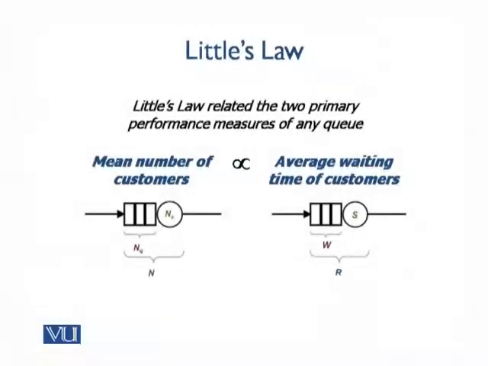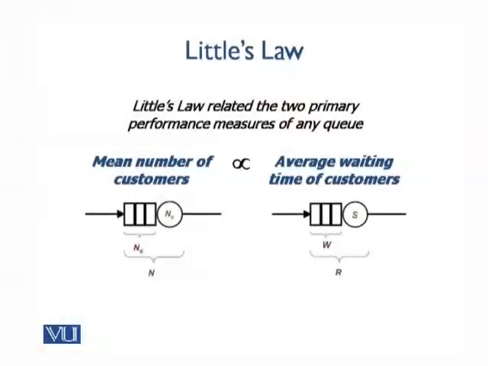So Little's law has actually shown that the mean number of customers in a queue is directly proportional to the average waiting time of customers. And this can be understood intuitively. For example, if it's a rainy day, then the mean number of cars on a road would increase.